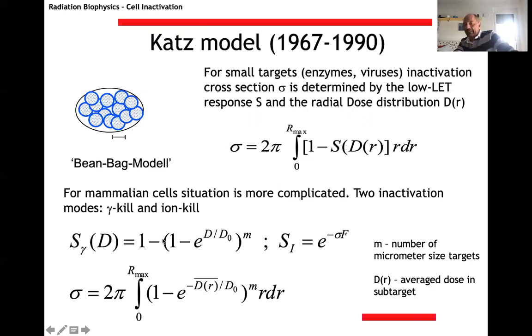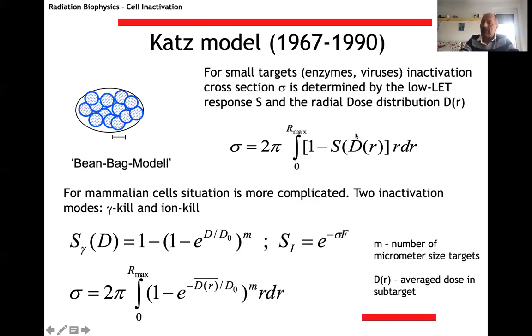So what you get, in fact, if you use, for example, the multi-target model, you can say that the gamma ray survival curve is described by a multi-target, and the ion cell killing is described by direct effect.